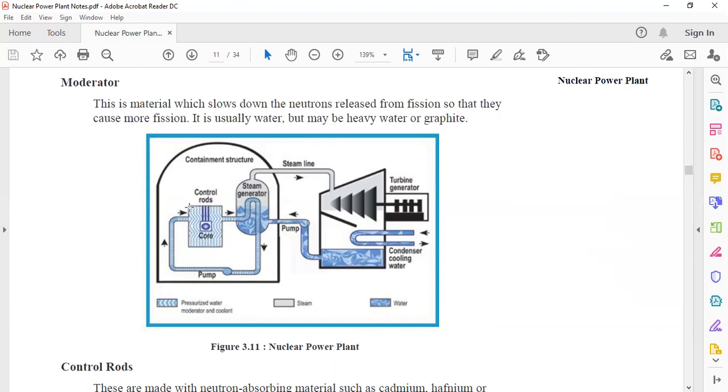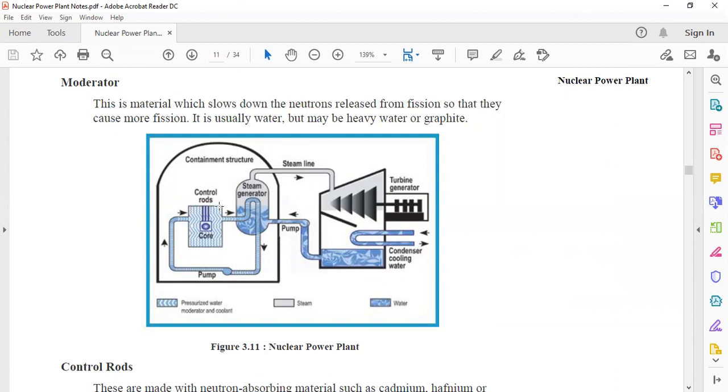This energy released from the nuclear chain reaction is transferred to the steam generator with the help of coolant. So the heat energy released in the reactor is absorbed by the coolant, and the heat energy absorbed by the coolant is then transferred to the water, generating steam from the water.